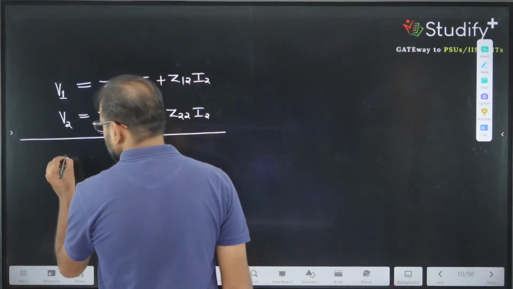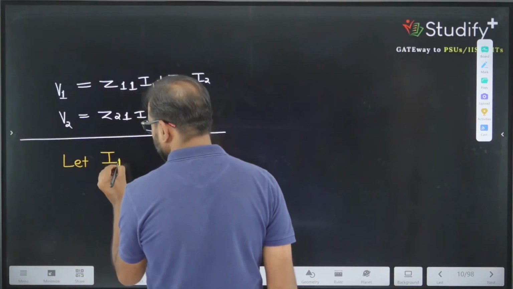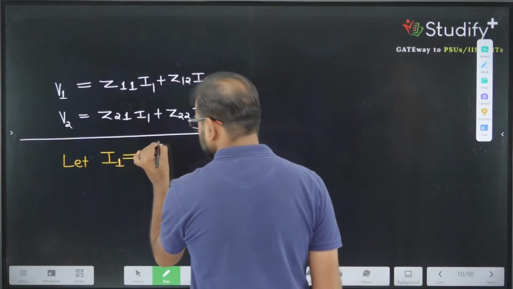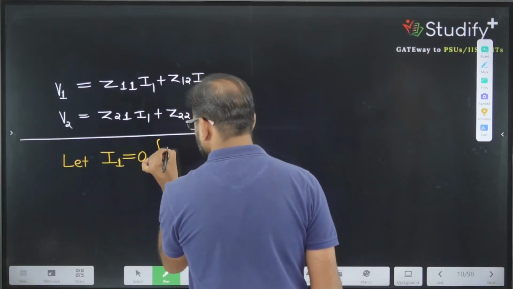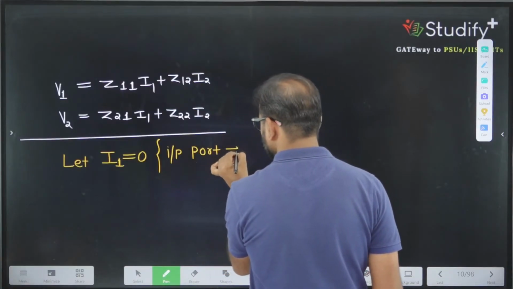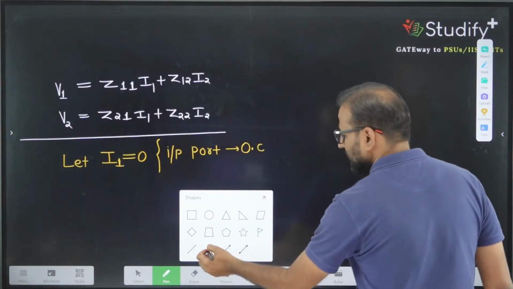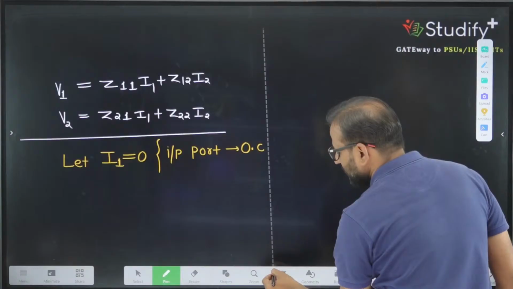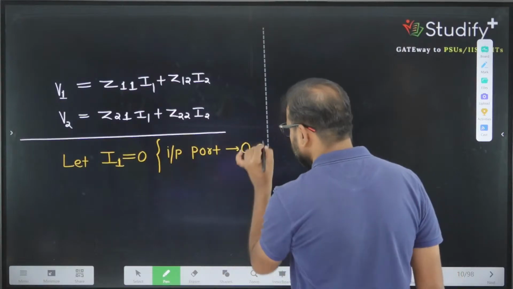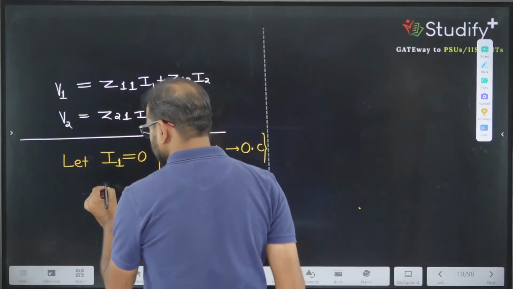So you can say, let I1 equal to 0, or you can say the input port is open circuited. If I am making the input port open circuited, that is, I1 equal to 0, what is the first observation we have?